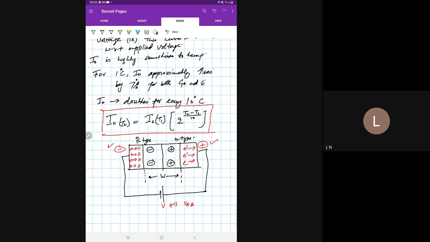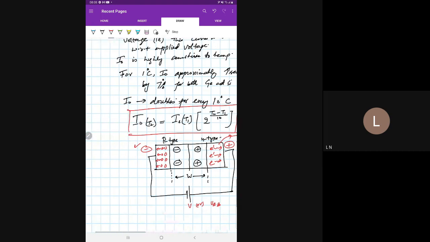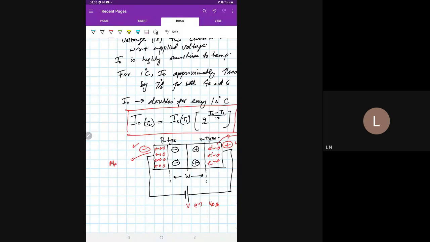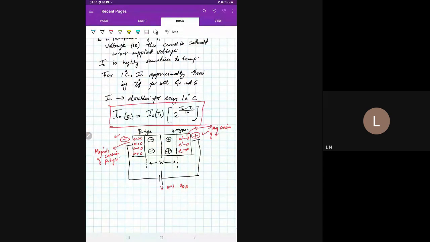Holes in P type are majority carriers, and electrons in N type are majority carriers. Okay, and we can note that these majority carriers are moving away from the junction.